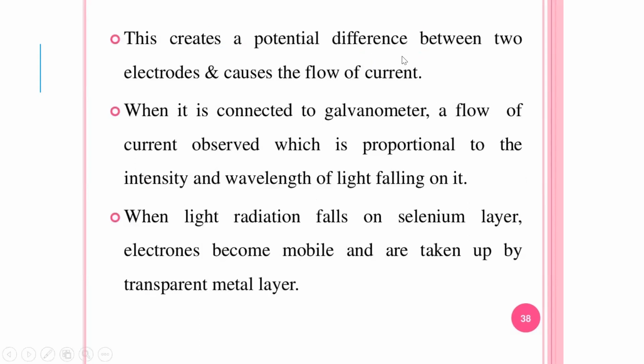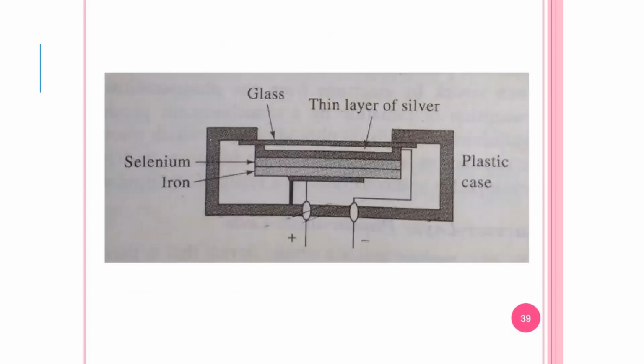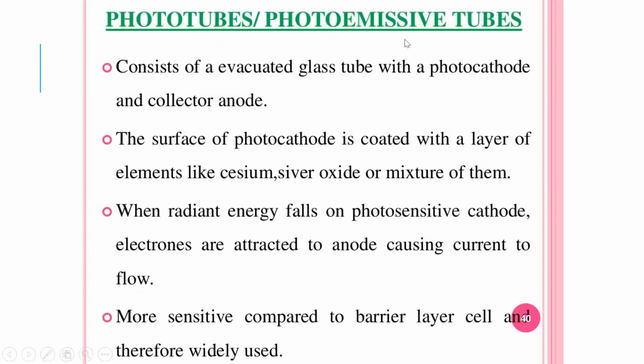This creates a potential difference. When light falls on the selenium layer, electrons become mobile and are taken up by the silver layer. So there is a potential difference between the silver and iron layer. That potential difference or current produced is proportional to the incident light intensity.